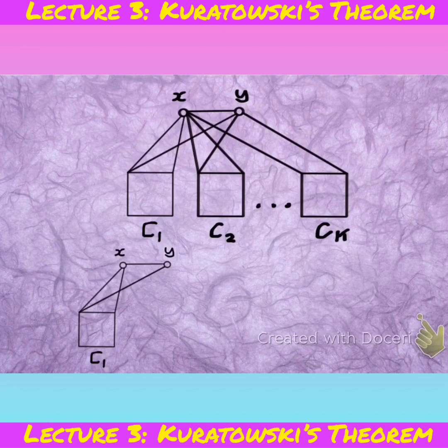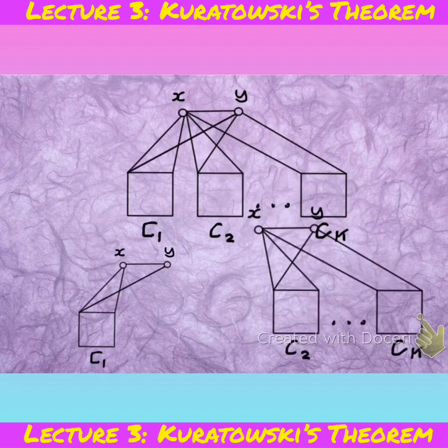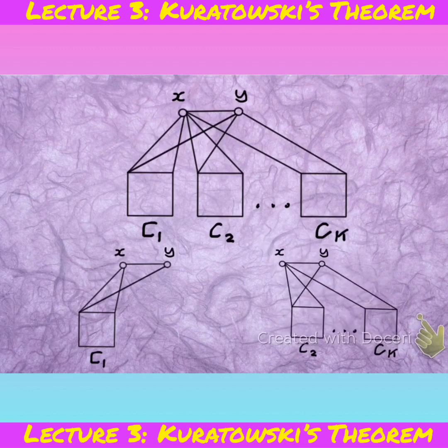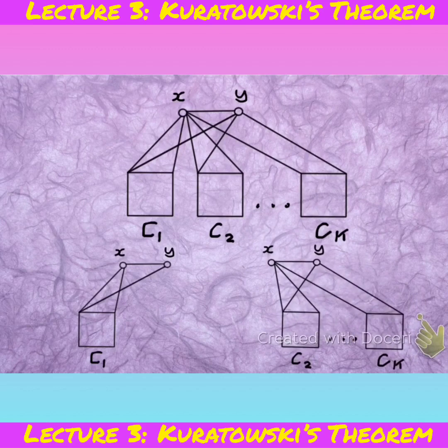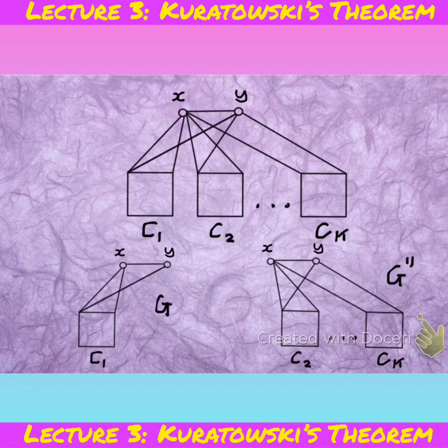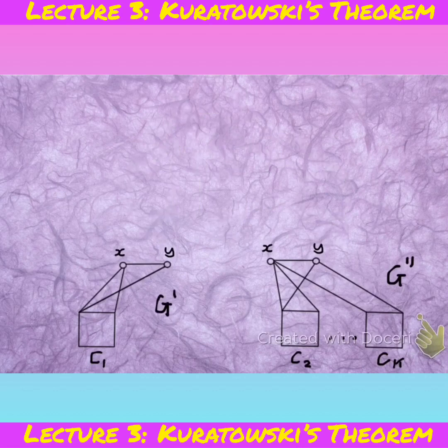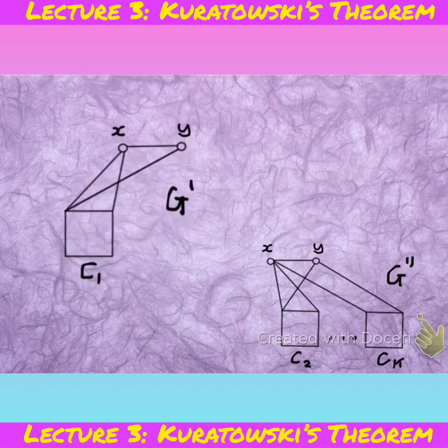Remember the definition of G double prime. I'm going to take those two separate graphs next to one another, and both of them are planar. That is the graph G double prime, and that is the graph G prime.